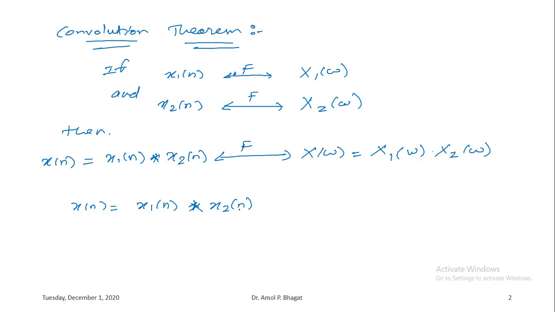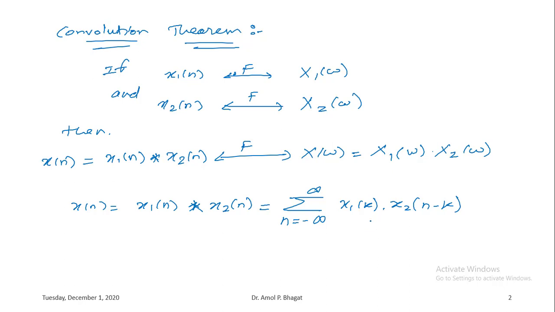So the convolution of these two signals is simply, as per the convolution formula, summation k is equals to minus infinity to infinity x1 of k into x2 of n minus k. Okay, so this convolution formula we have already seen when we have discussed the convolution topic, right? So this is the convolution formula, right?